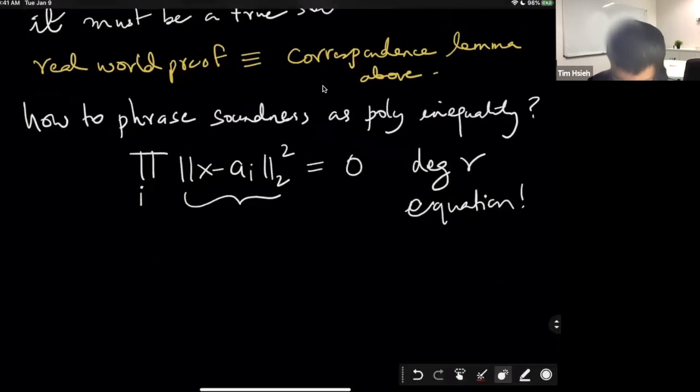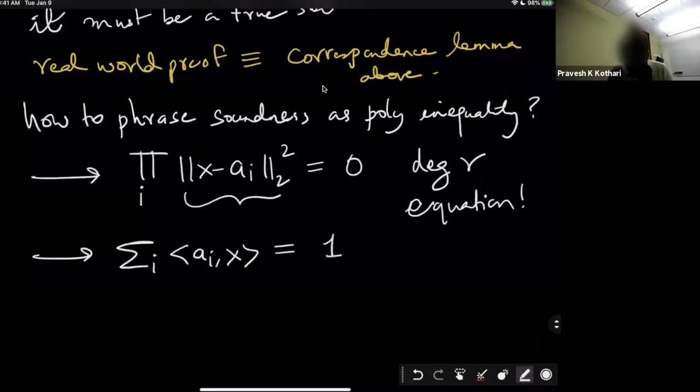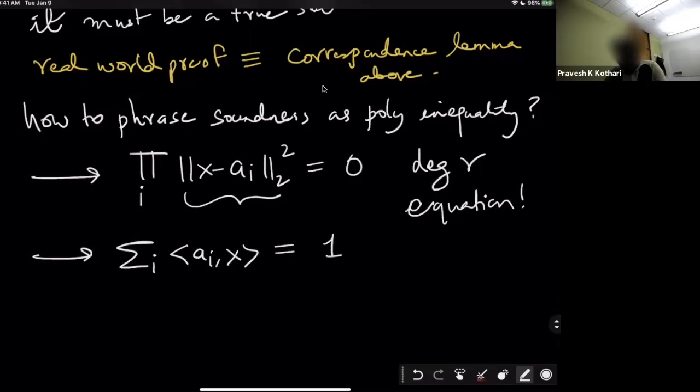I have a guess. Like the sum of AI dot X must be 1 or -1. Okay. Does this work? Well, first of all, you have to show me why it captures the idea we want in the real world. Why is this only possible when X is one of the AIs? Why can't I get this to work when X is not one of the AIs?